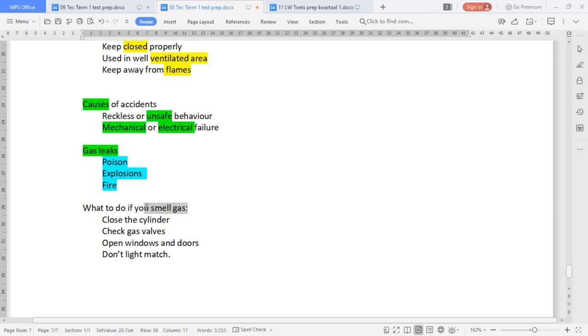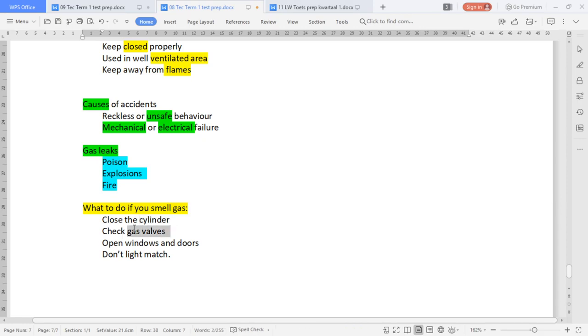Okay, so what do you do if you smell gas? So you come into your house and you go, ooh, I smell gas. That is a warning sign there's gas leaking somewhere, and you can get poisoned. There could be an explosion or a fire. So now what do you do to prevent that? So first of all, you close off the gas valves.